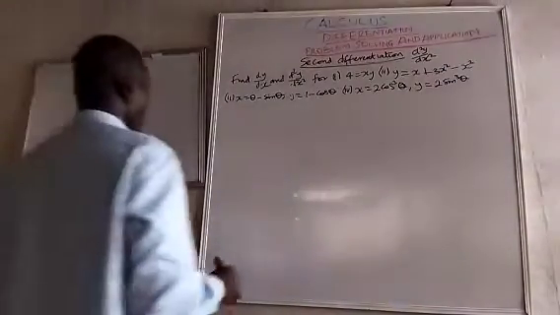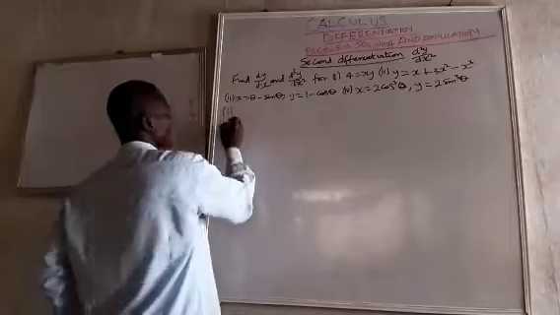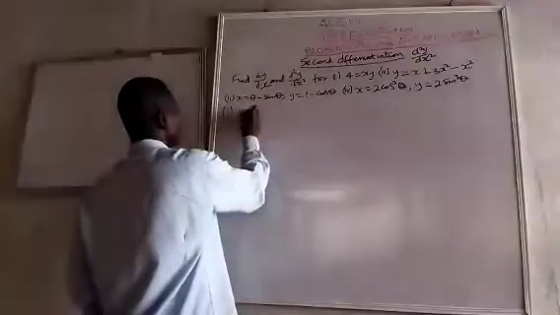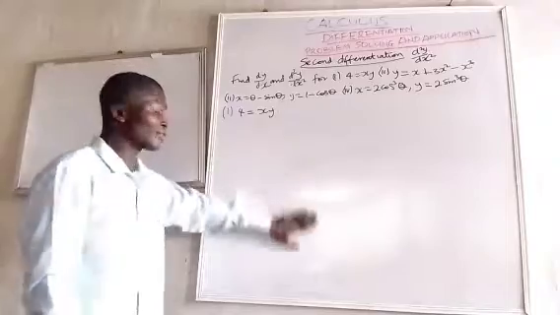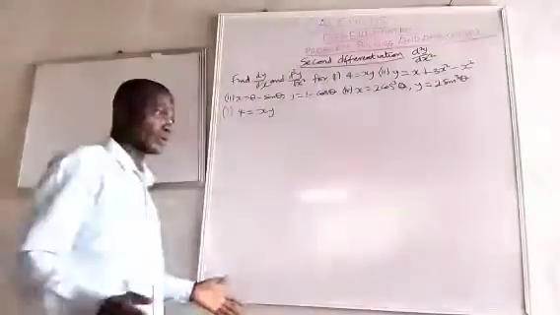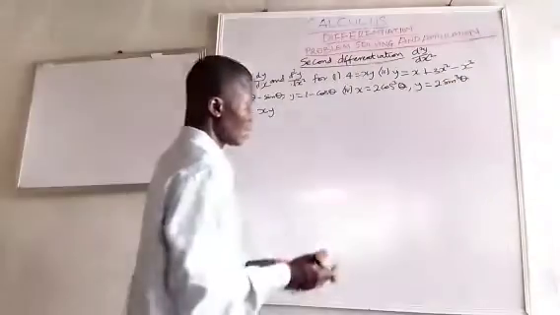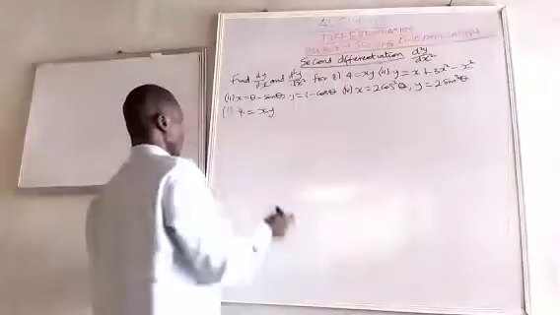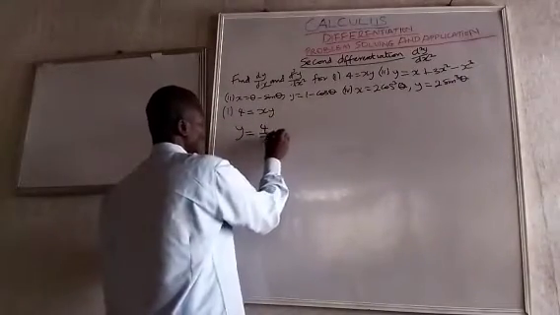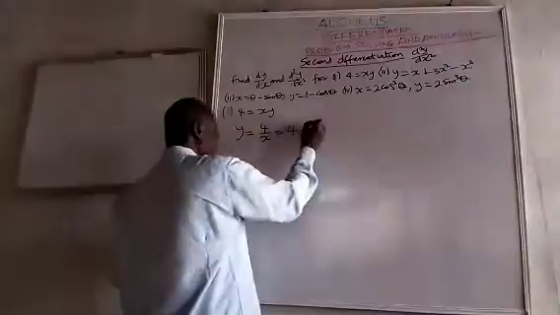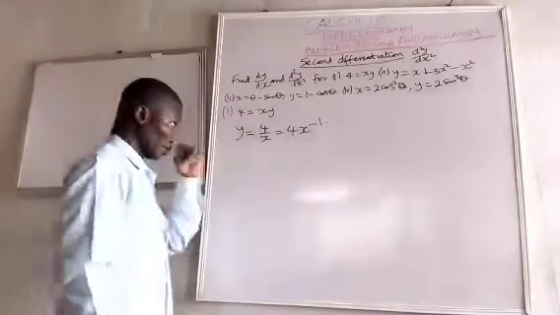Now let's start with the first one. The first question says 4 equals xy. Since we have it like this, we can easily make y the subject of the formula, so we don't need to view it like an implicit function. So we can now say y equals 4 over x, which is 4 times x raised to the power minus 1.